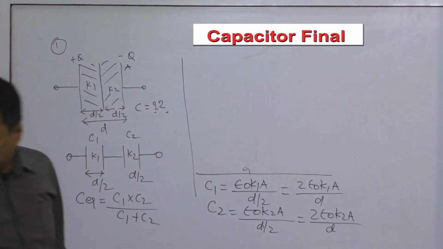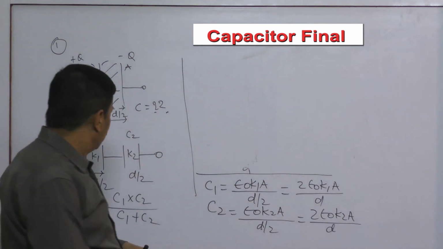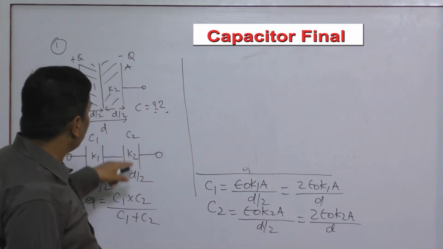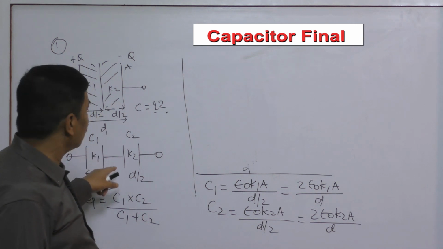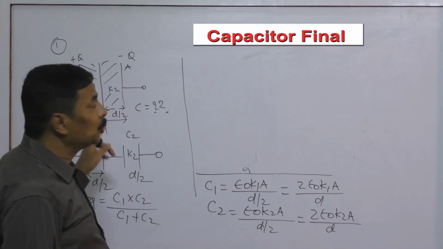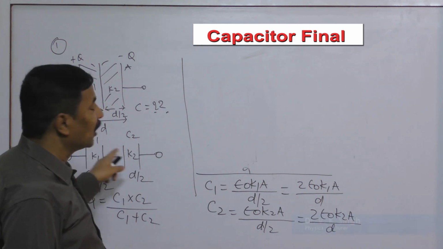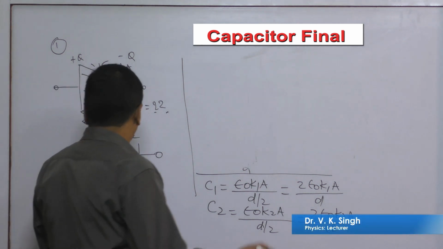So what is our result now? C equivalent capacitance means what? If these two capacitors are replaced by a single capacitor, then that capacitor will do the same work. This is the single capacitor. It will do the same work as is done by these two capacitors. So see carefully.